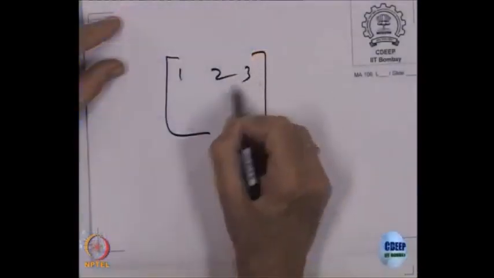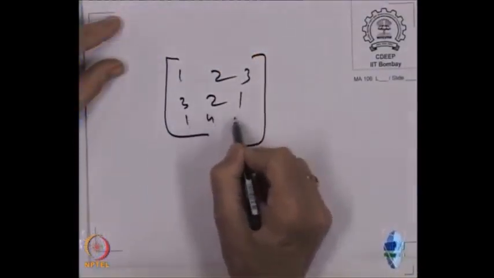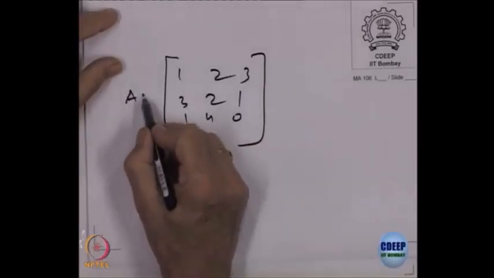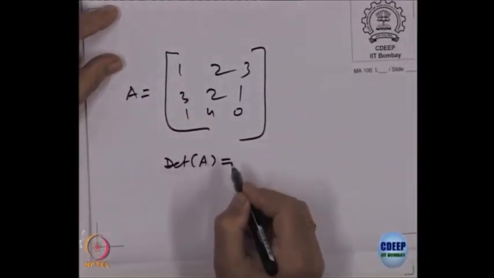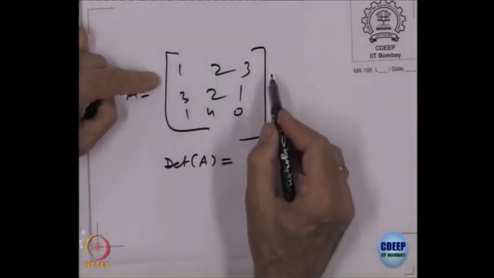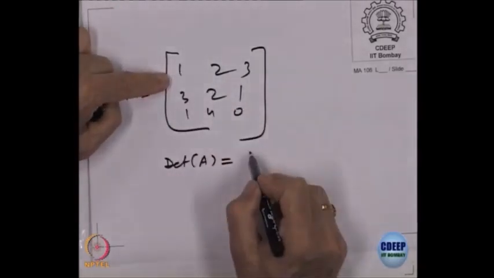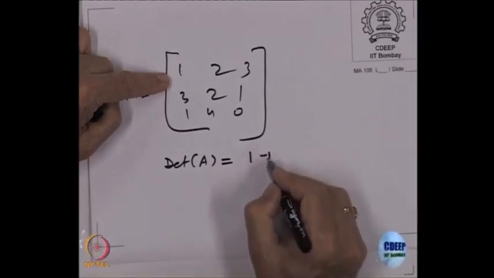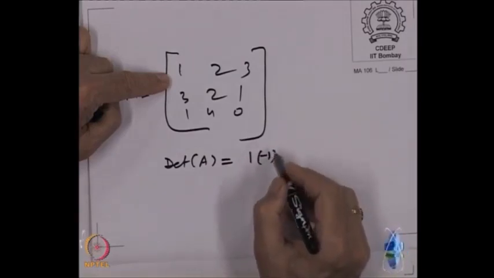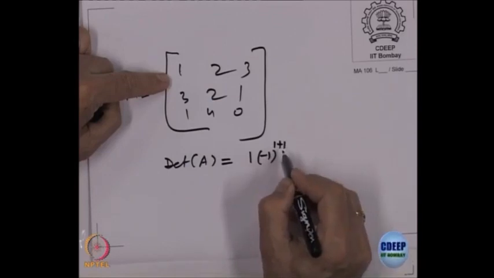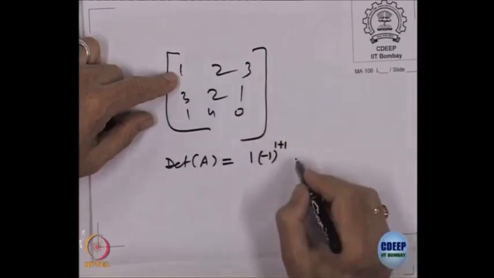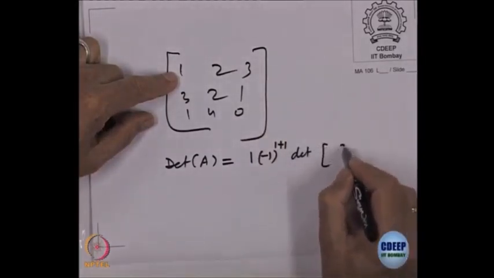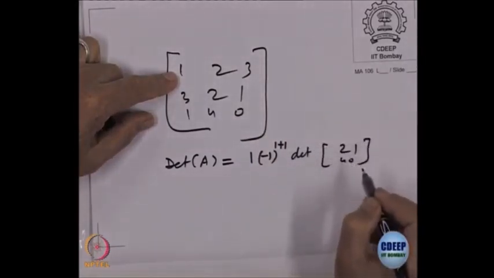Here is a matrix, let us say 1 2 3, 3 2 1, 1 4 0. So, this is the matrix A. Expanding determinant of A, what we normally do is, let us say by first row. So, you look at the coefficient, that is 1 multiplied by minus 1 raised to power 1 plus 1. Forget this row and forget this column. So, you write determinant of 2 1, 4 0, right.